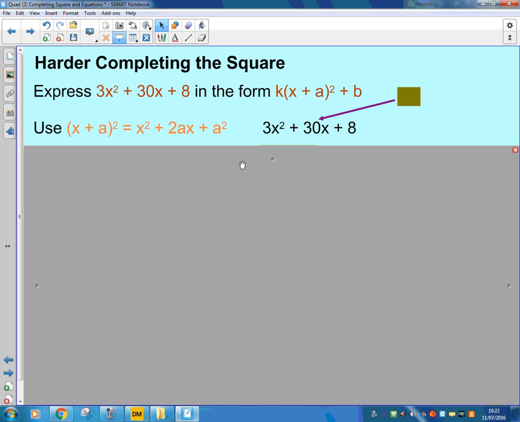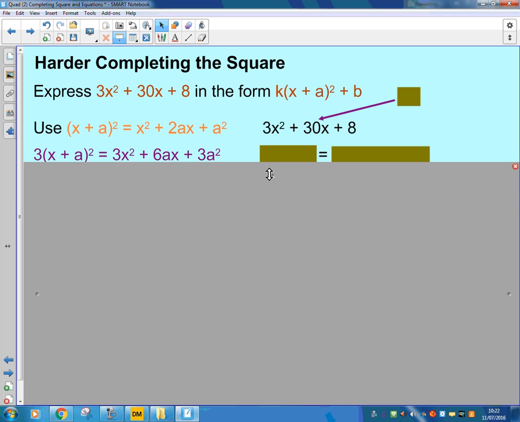Now, if we have a look at this, we want not x plus a all squared, I want 3 times it. And that will become 3x squared, which is what I want. But notice now, I'll have 6ax plus 3a squared. So when I multiply through by that 3, I've no longer got 2ax, I've got 6ax.